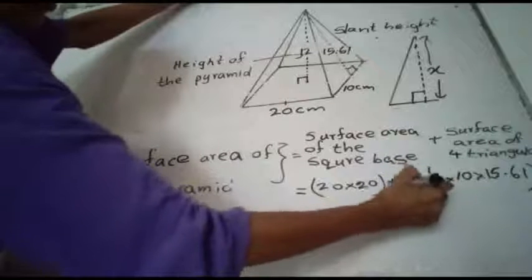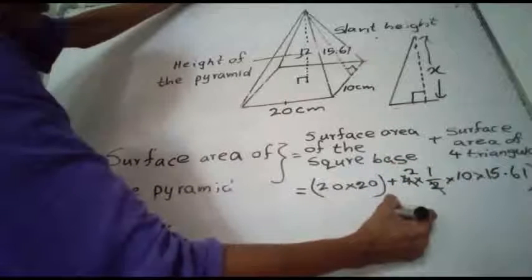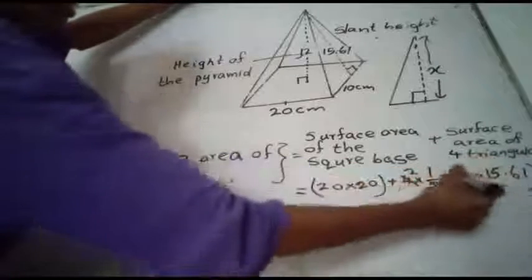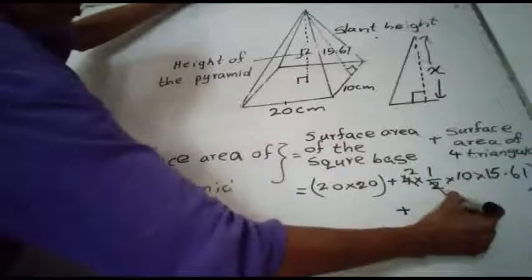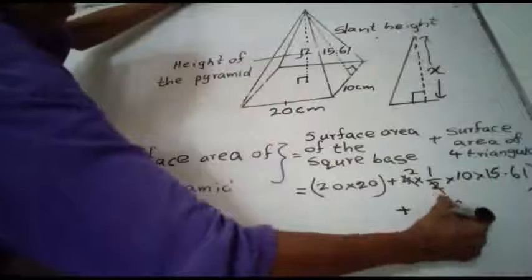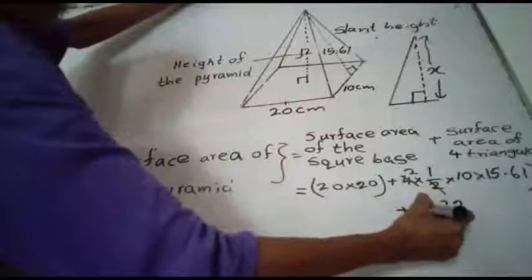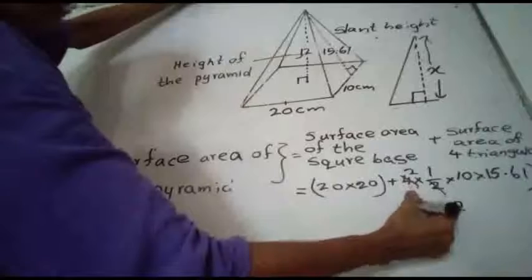2 times 2. Then 2 times 15.61. 2 times 1, 2. 2 times 6, 12. Remaining 1. 2 times 5, 10 plus 1, 11. 2 times 1, 2 plus 1, 3.